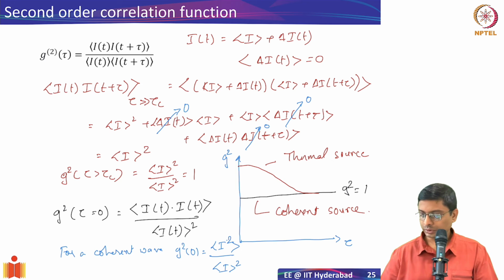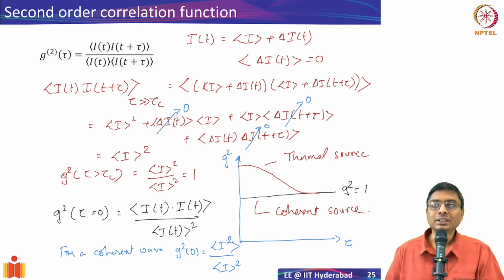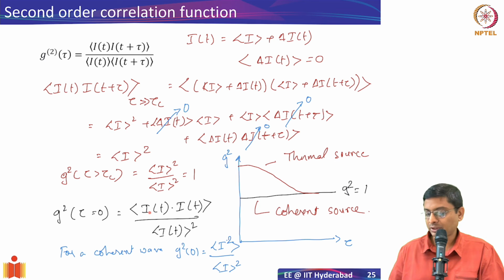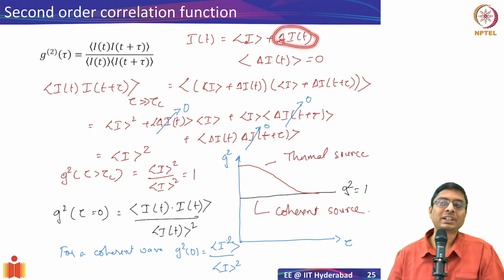So you get what we are saying here, right? When we are talking about I of t and time is 0, you're taking a product of I. Now there are fluctuations. The average value is there, and the fluctuation is getting squared. If the fluctuation gets squared, what happens? It will never go to 0.